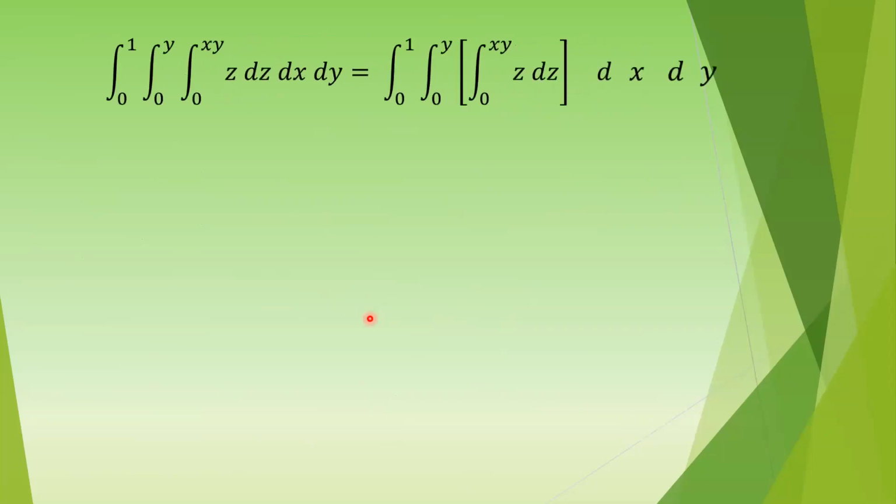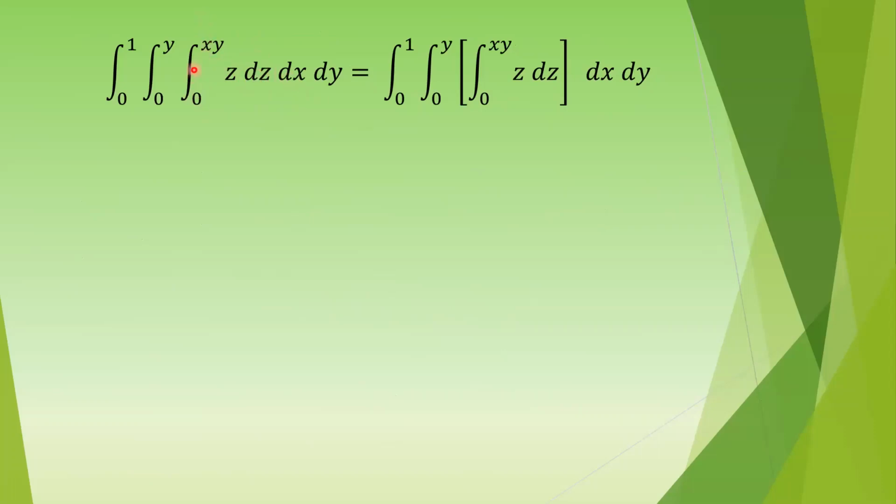So, ito yung problem natin. Ibig sabihin nito, ito muna ang loob. Ka muna sa z, dz, from 0 to xy. Ito muna tayo. Ang una na yan. Kasi dito, itong dz na yan, kasama niya itong 0 to xy.